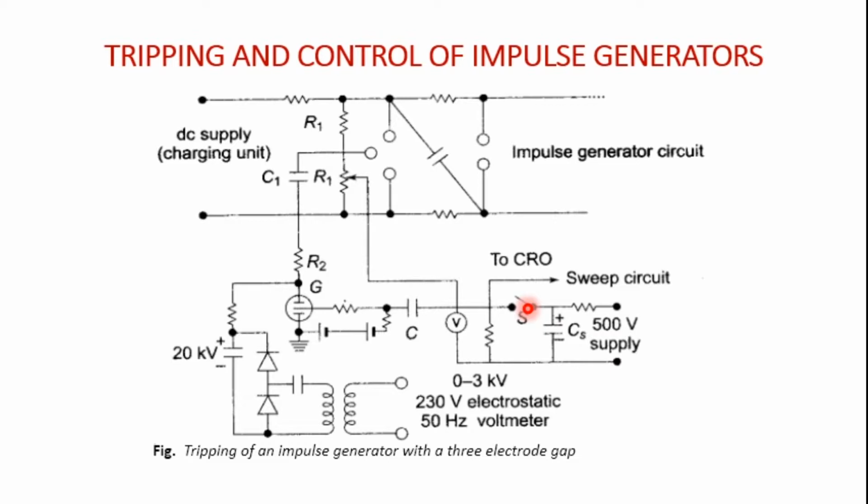when the switch is closed, the capacitor C produces an exponentially decaying pulse of positive polarity. This goes to the sweeping circuit and initiates an oscilloscope time base. When the thyratron conducts by receiving a pulse from the switch S, it produces a negative pulse with the help of the capacitance C1 at the central electrode of the 3 electrode gap arrangement.